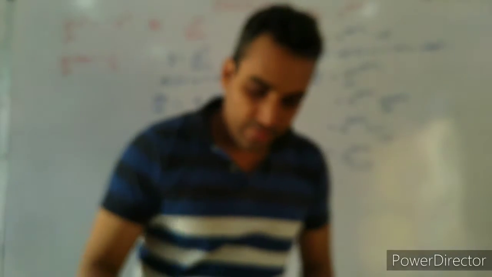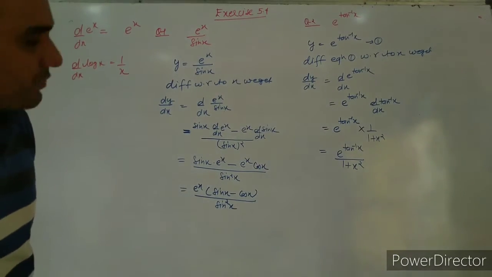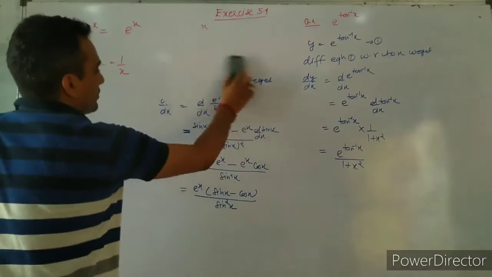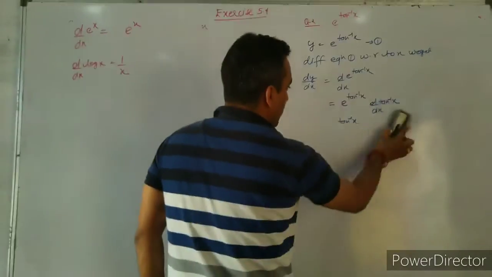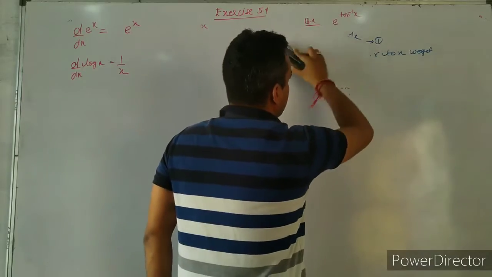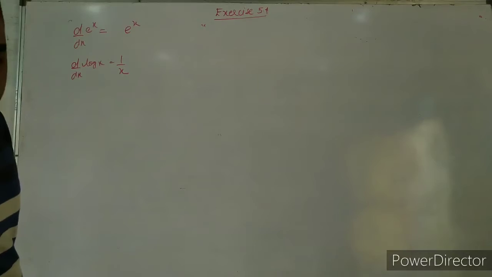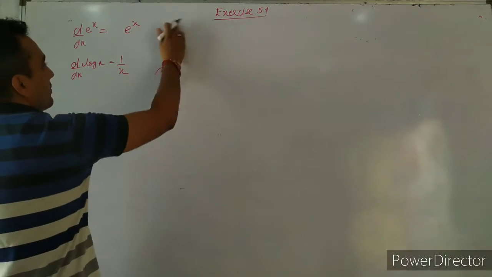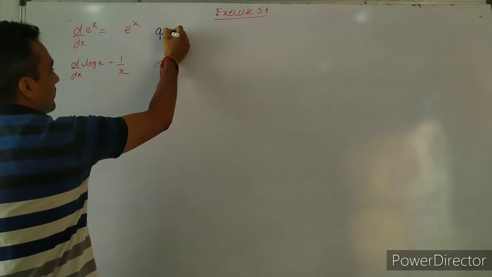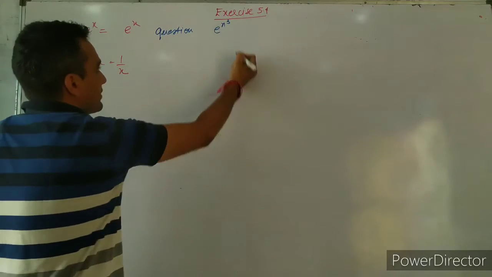Now again moving towards question number 3, I am leaving this question for the homework. As you can easily see that this question is e to the power x cube.